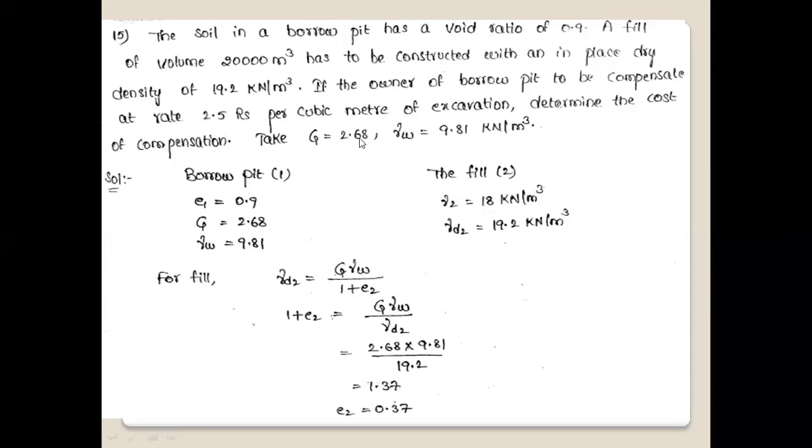Second, specific gravity G equal to 2.68 and gamma W, unit weight of water, is 9.81. Then for the fill portion, sorry, gamma 2 is not given, only gamma D2.